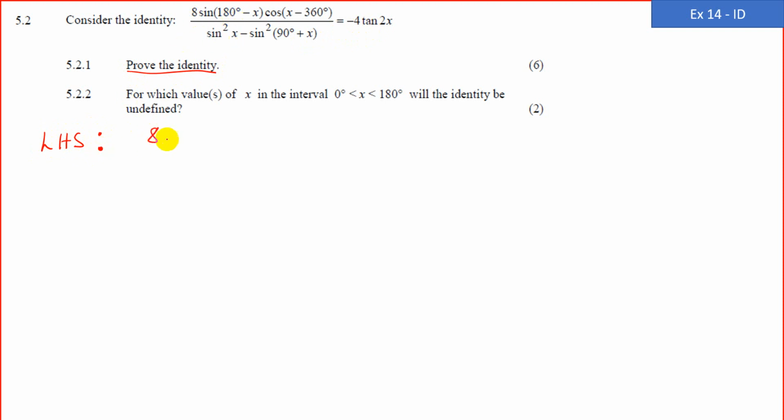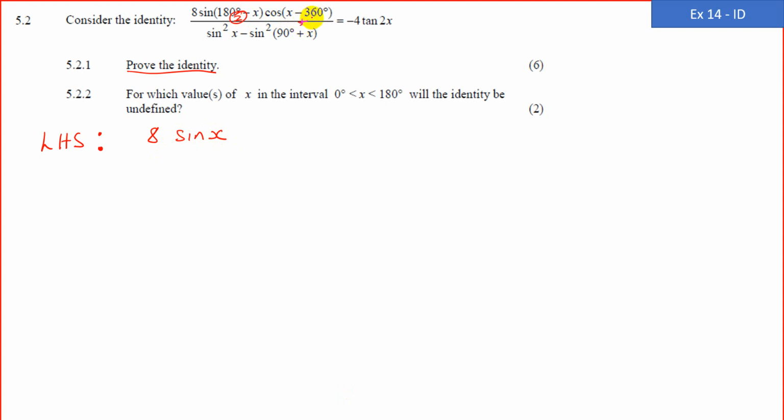So we have an 8 in the front, and then you've got sine (180 minus x). Remember, 180 minus x is in the second quadrant, and sine is positive in the second quadrant. So we end up with sine x. I am using the reduction formula. If we look at the next one, we have cos of (x minus 360). So that's a negative angle.